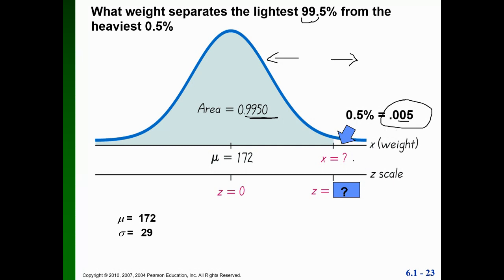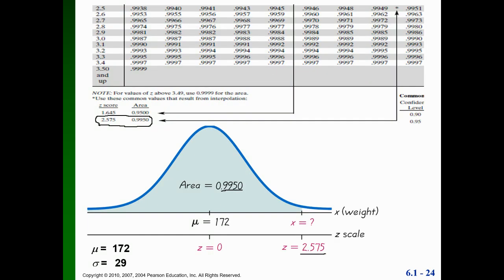All right, so we would have to find in the body of the table the Z score that corresponded to 0.9950. That would give me this value here. But before in 6-2, these two values were synonymous, not the case anymore. So there's still some conversion that needs to be done.